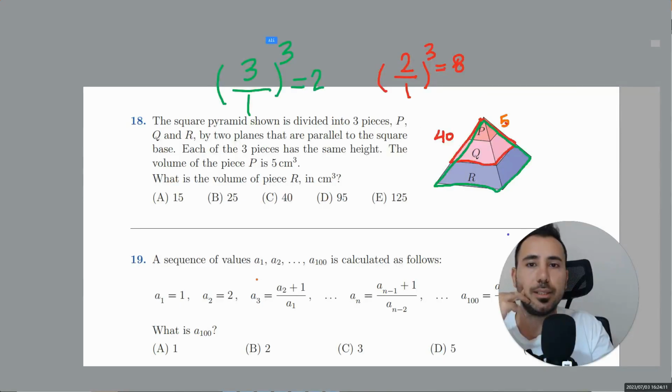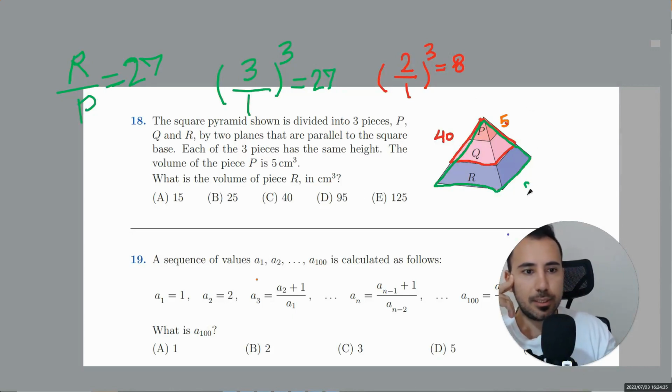So it would be 27 times this P. So R over P is 27. So the green one is 27 times 5. It's going to be 135.